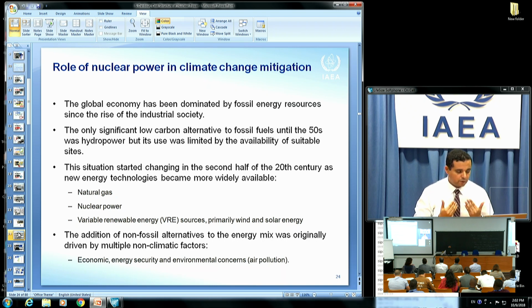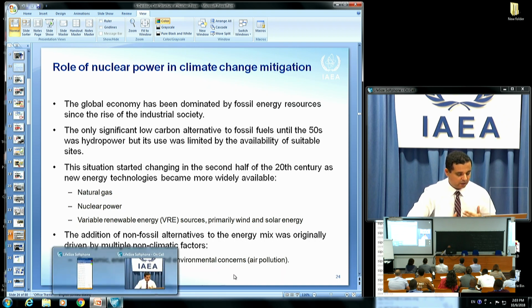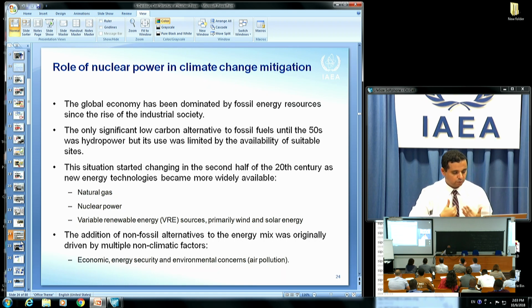The objective was probably to respond to some geopolitical events, like the case in France. France decided to initiate its nuclear program after the oil crisis in the 70s. Or to secure the supply of energy.